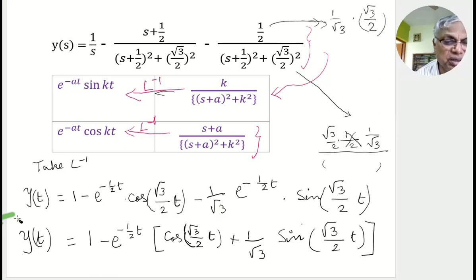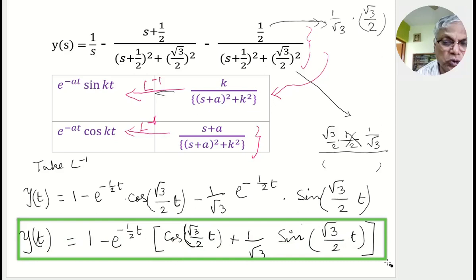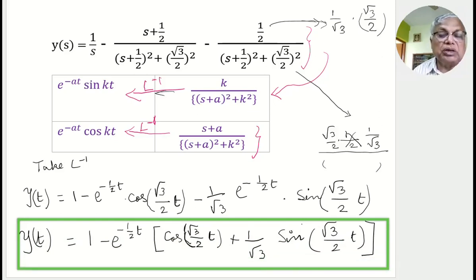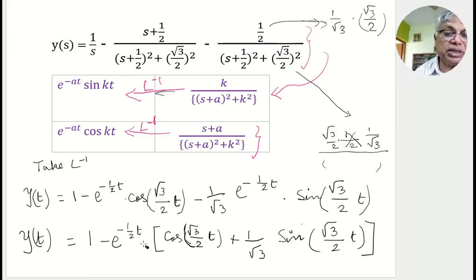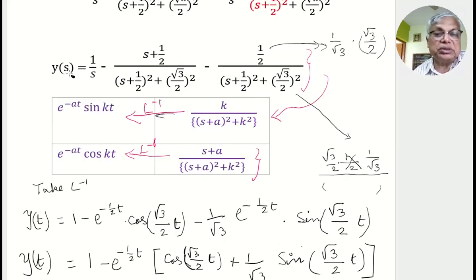Of the given differential equation, the solution has a cos term and a sine term multiplied by e power minus half t, preceded by 1. So you have 3 terms in Y of s, and these are the corresponding inverses. The inverse of the first term is 1.